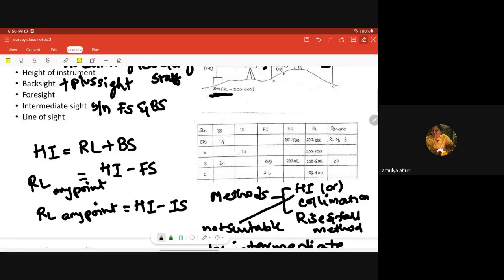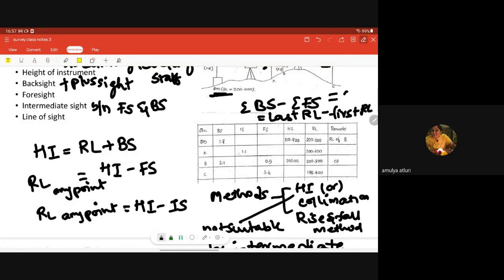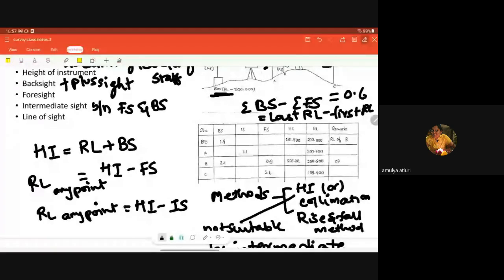Next, we will check: sigma BS minus sigma FS is equal to last RL minus first RL, last reduced level minus first reduced level. If you can see, it is 0.6. This is the check.